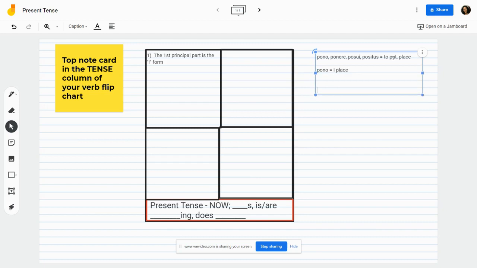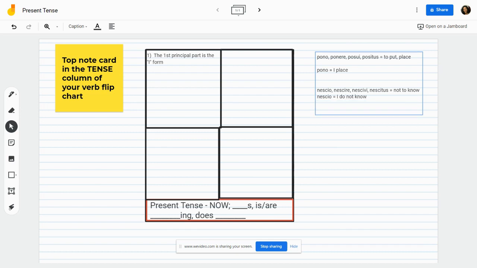Let's take a look at another verb. Another verb we have in this week's list is nescio, nescire, nescivi, nescitus, and this means not to know. The first principal part of this verb is nescio, which is I do not know.